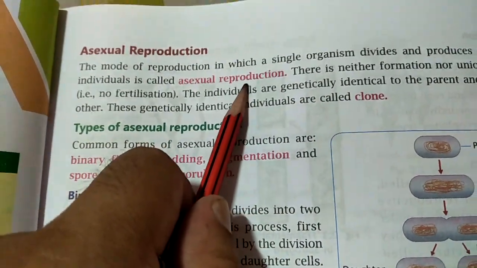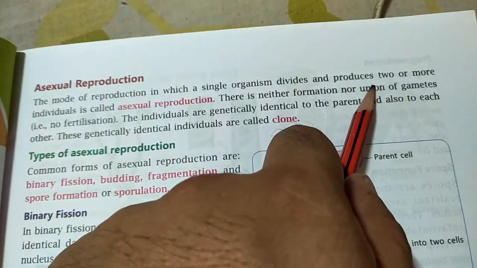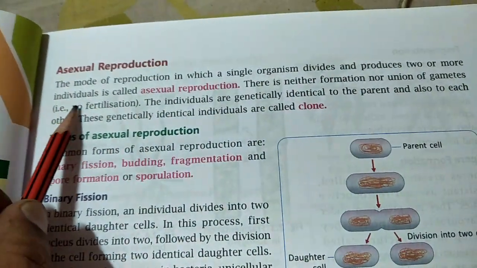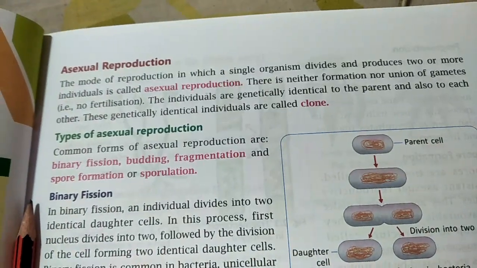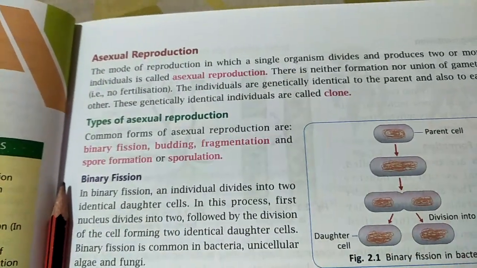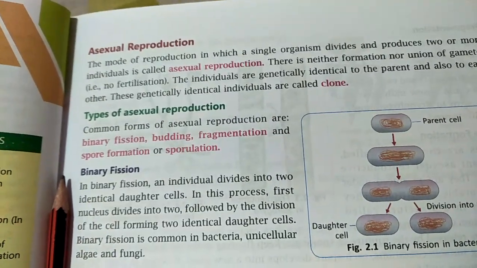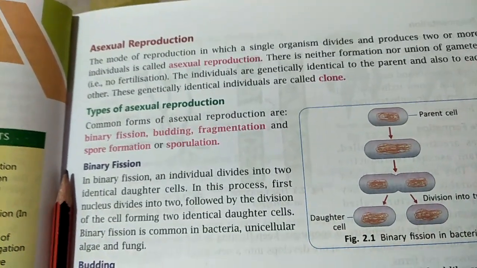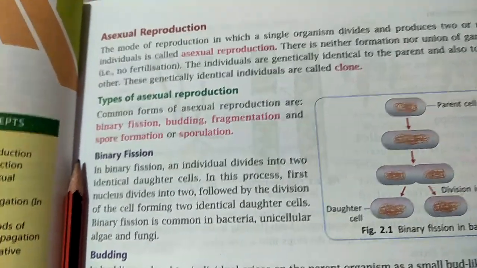So asexual reproduction is that a single organism divides and produces two or more organisms. So without the involvement of any sex cells or gametes or opposite sex, male and female, the reproduction occurs. Therefore, we are calling it asexual, meaning not sexual.